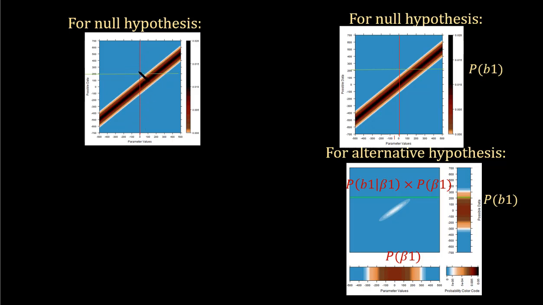So when we add those values, we have only one value to add. So the probability of the data here will be this probability over there. And the same applies for the null hypothesis. So the probability of the observed B1, which is 200, is this value. But here, this graph is a bit more complicated.